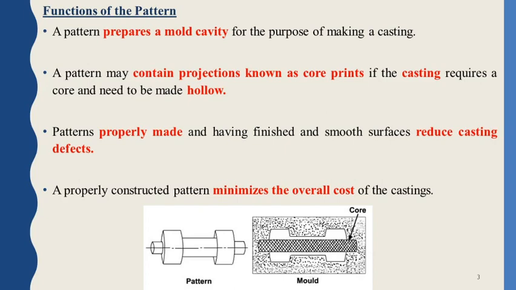That's why we can see a central projection in the pattern to create a mold cavity. This mold cavity will create a provision in which we can place a straight rod, made up of sand, that we discussed last class, which is called a core. The core will be placed at the central region in the mold cavity.